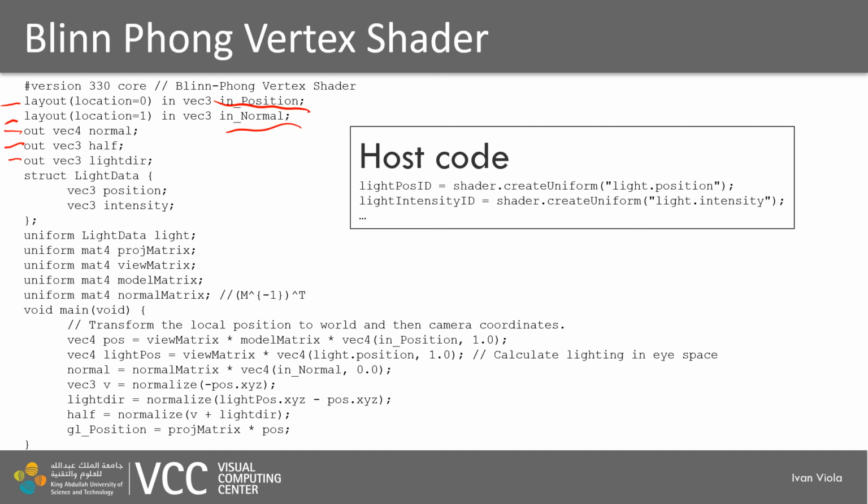Now these three are going to the fragment shader, and we want to have them rasterized so that we can use them then for the illumination. You can see here that we have some structure even defined in our shaders, and we have here light, where we have access to its position and the intensity.